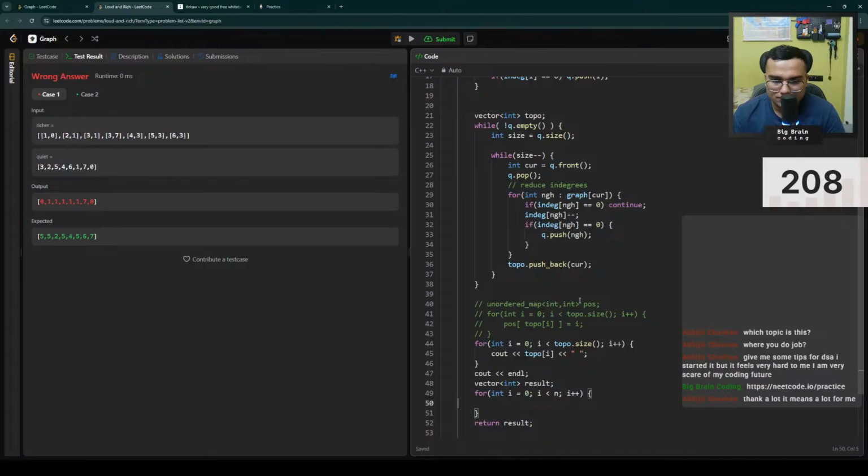And in here I want to find where is i in topo, right? Correct. For int k equals 0, k is less than n, k plus plus. If topo of k equals i, then oh shit.